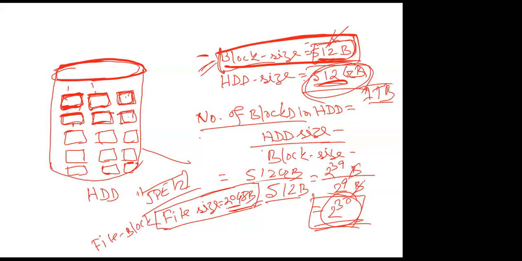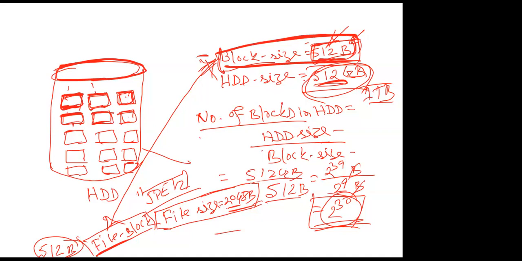Usually the file block size should be equal to the hard disk block size. Okay, this size is the same. Whatever you implement for the hard disk block size, consider here 512 byte. So the file block size should be equal to 512 byte, same as the hard disk block size. So how many blocks for a single file?